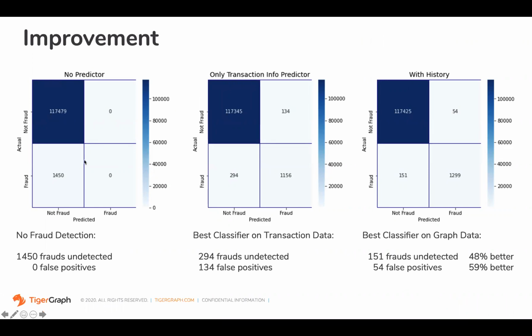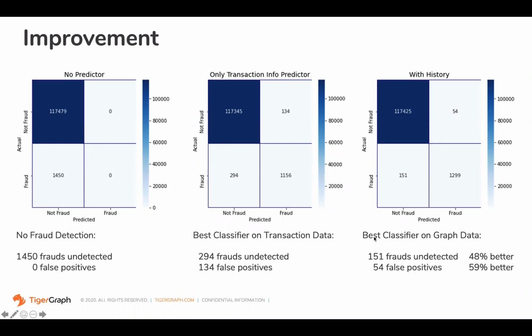Without any predictor, there were more than 1,000 frauds undetected, and there were no false positives identified. With a simple basic classifier on transactional data, the undetected frauds went under 300, and more than 100 false positives were detected.